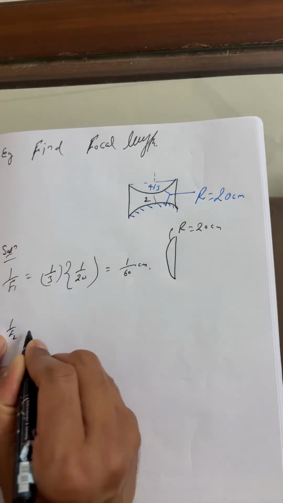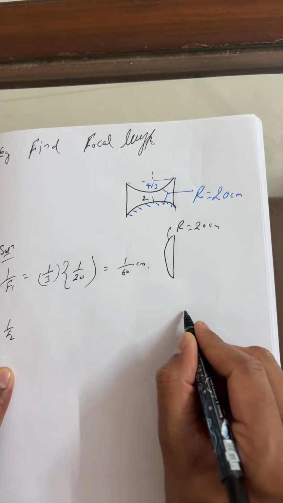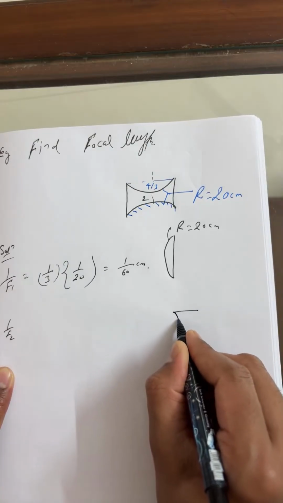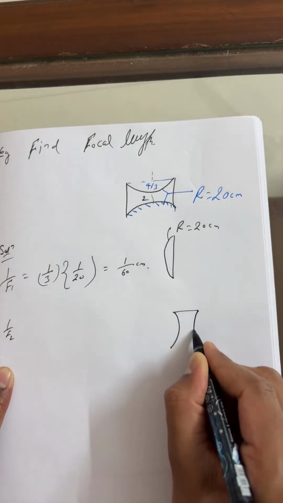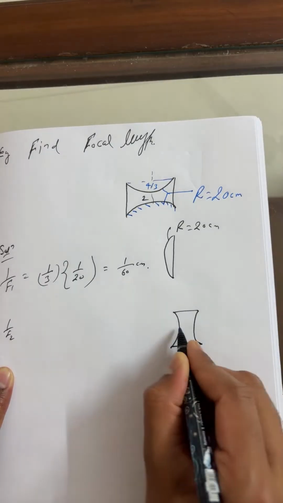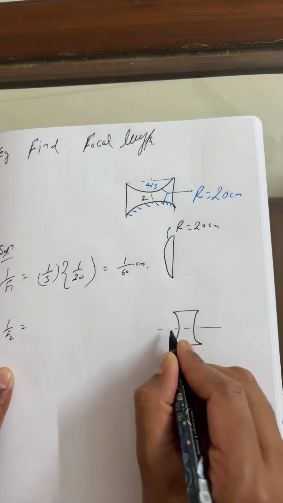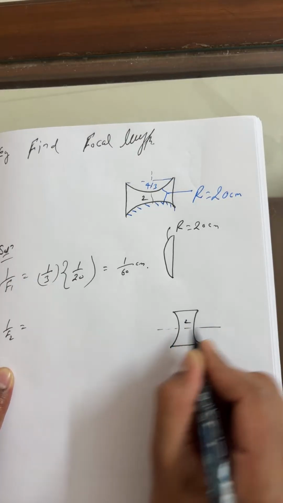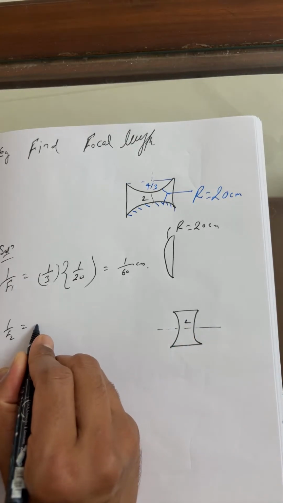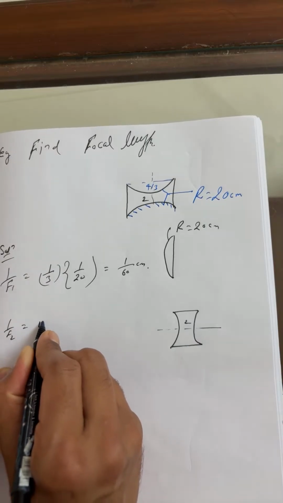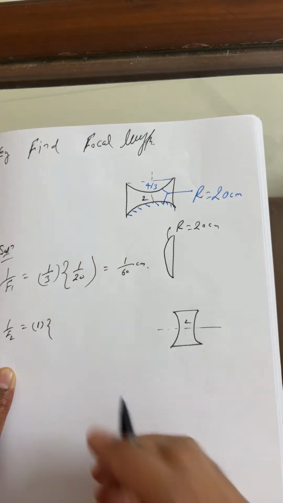Next, I'm going to find f2. For f2, this is a convex lens, coming from here only. Here mu is 2 and the radius is 20. So 2 minus 1 remains 1 only, and the radius is negative here.